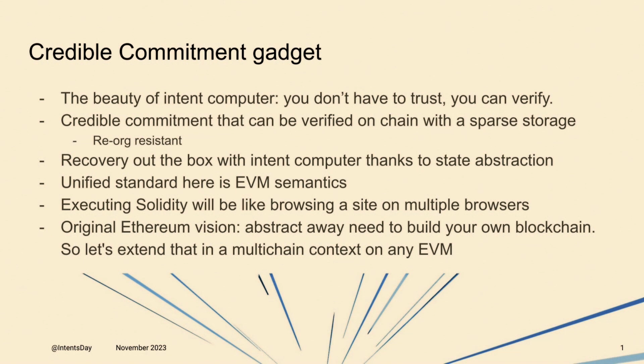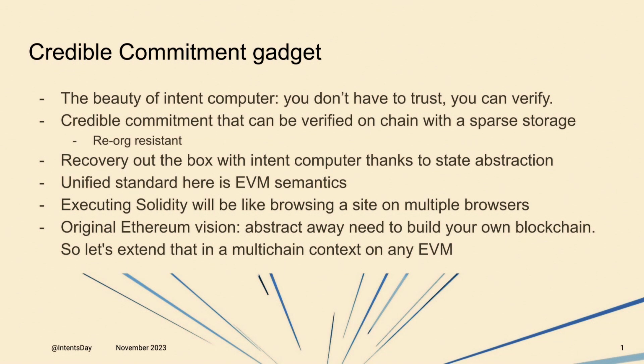So with the help of the sparse storage, combined with Cancun, we can put any amount of call data here, and the execution of the intent will verify against your commitment that the outcome was what the user expected.